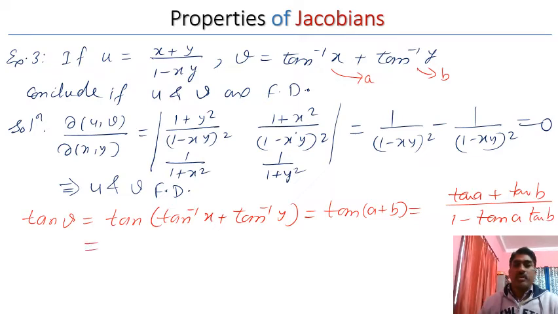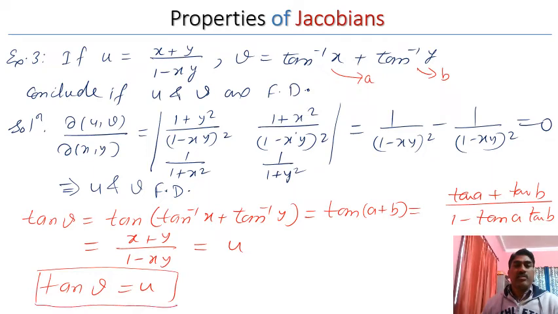You can see that if tan inverse x is equal to a, then tan a is equal to x. So this will become x plus y by 1 minus xy, and this is u. So tan v is equal to u. We have verified that the conclusion by the Jacobian is true. What was the conclusion by the Jacobian? Jacobian is 0, so the conclusion is that u and v are functionally dependent, and we have shown that they certainly have a relation, tan v is equal to u.